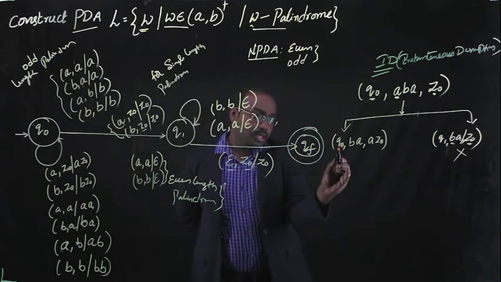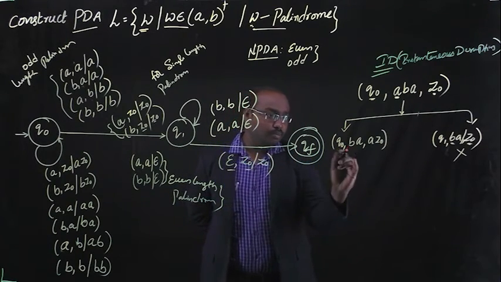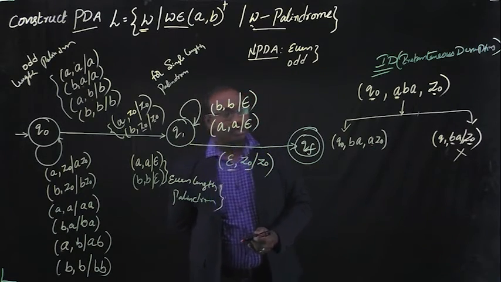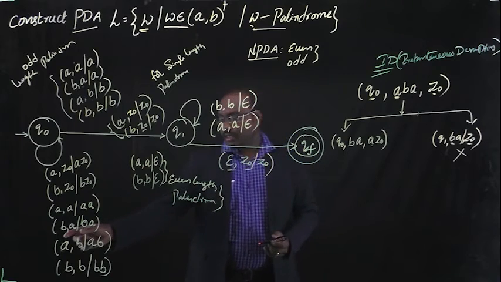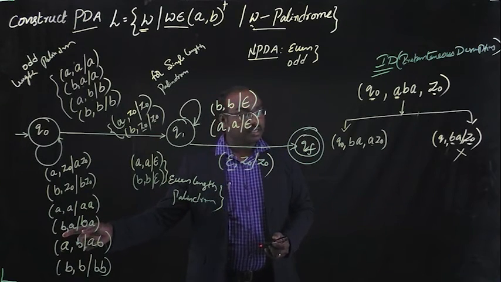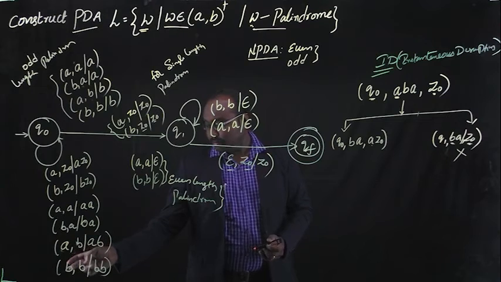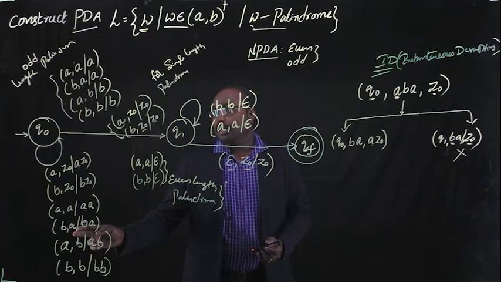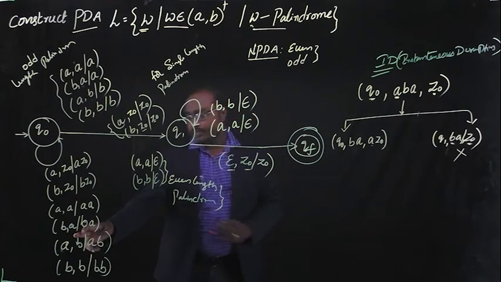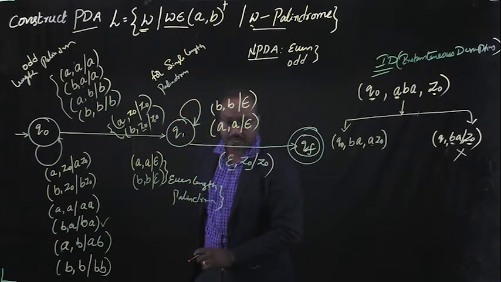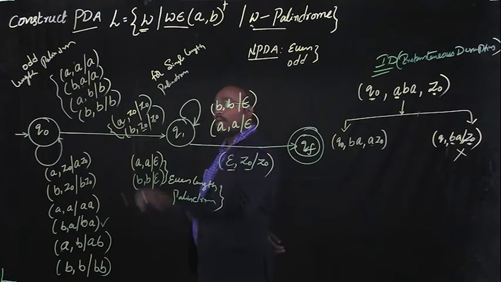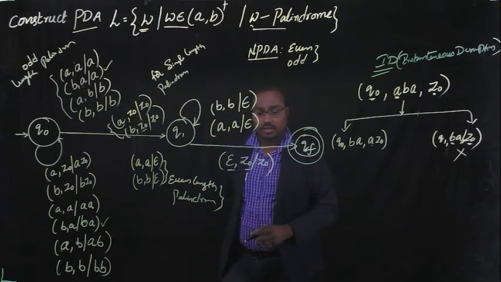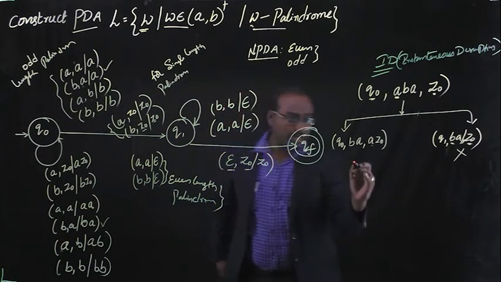Here we are in state Q0, the input symbol is B and the top of the stack is A. Here also there are two possibilities.